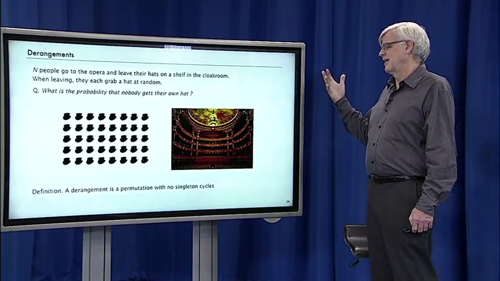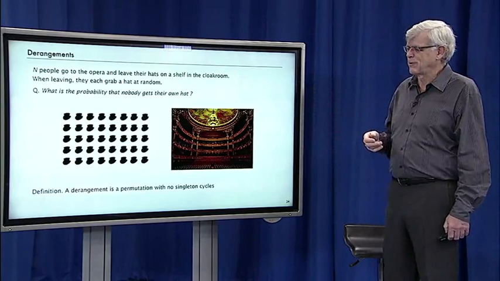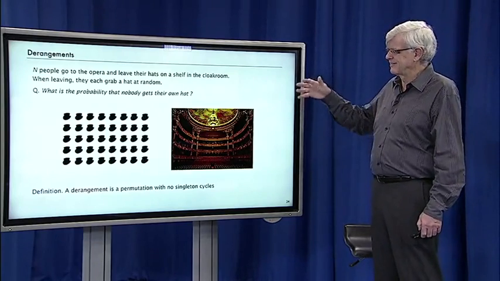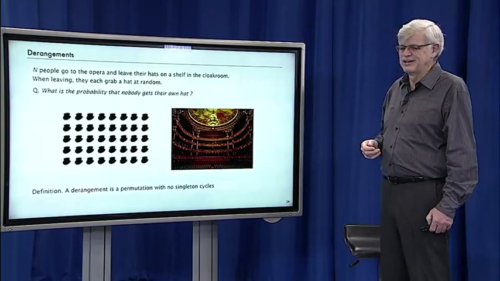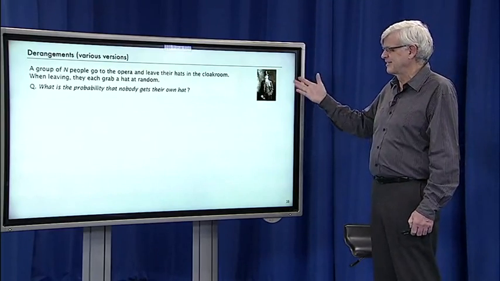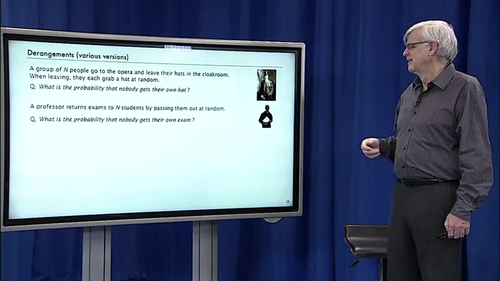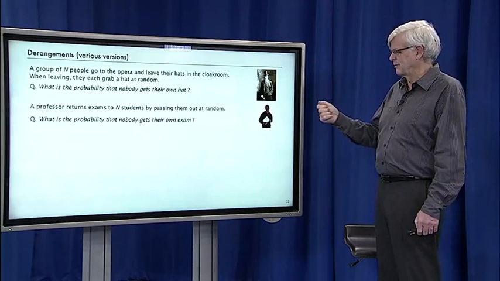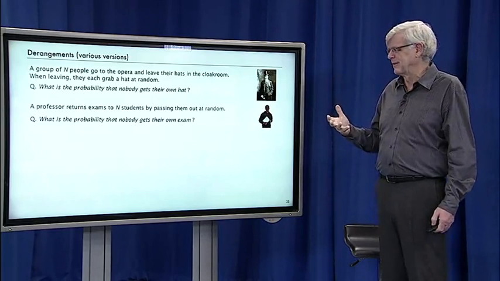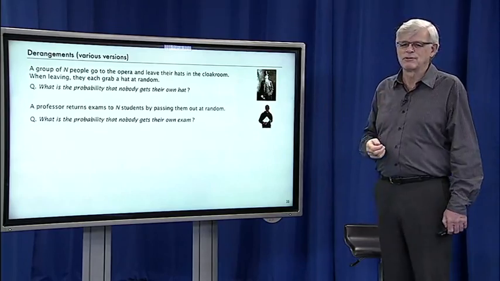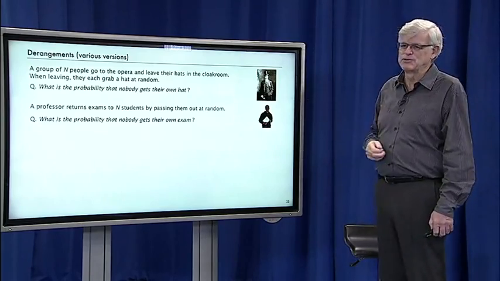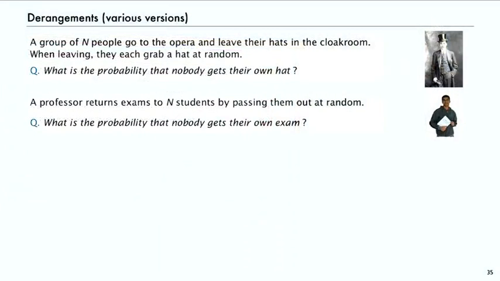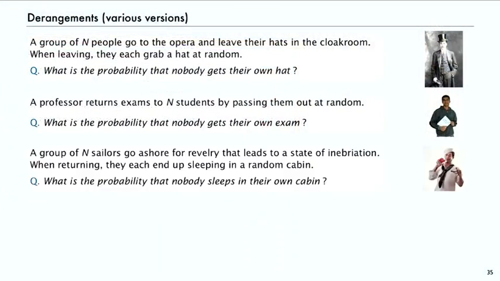Now, just as an amusing aside, this problem has been posed in the centuries since in many different ways. That's the classical opera way. Some people say a professor returns exams to students by passing them out at random. What's the probability that nobody gets their own exam? Lots of people use that way of posing the problem in combinatorics classes. Or a more fun way is the drunken sailor.